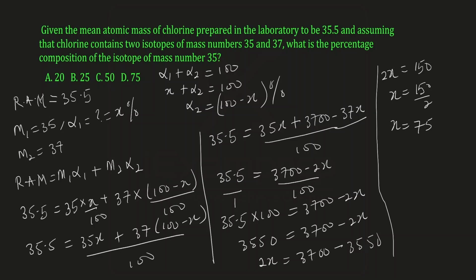So it means that the abundance of the first one, which we called x, is equal to 75%, and that's what we are looking for. The abundance of the first isotope, the isotope that has a mass of 35, which we represented with x percent, is equal to 75%. So the correct answer will be option D. The abundance of the second one, which has a mass of 37, will be 25%, but we are concerned with the abundance of the first one. So the correct answer will be option D.